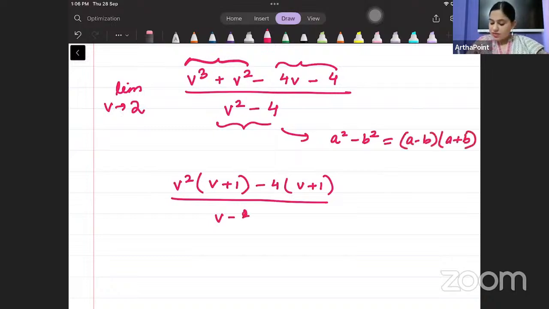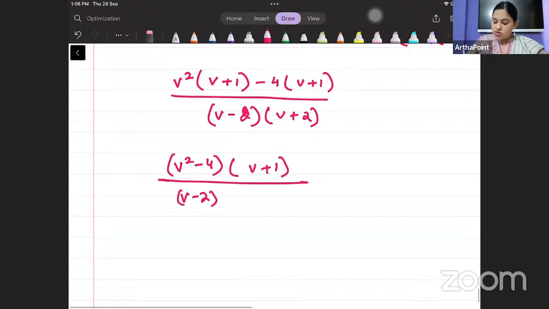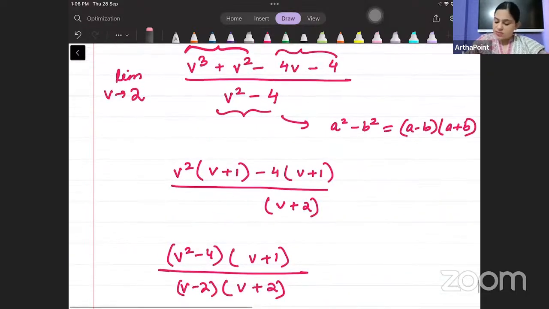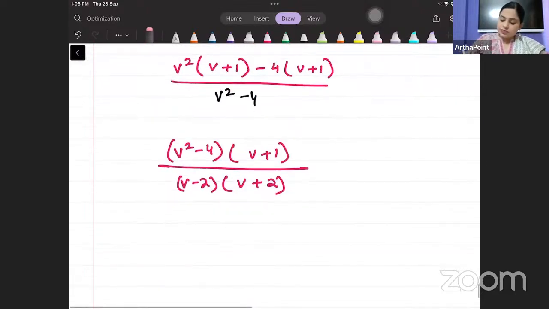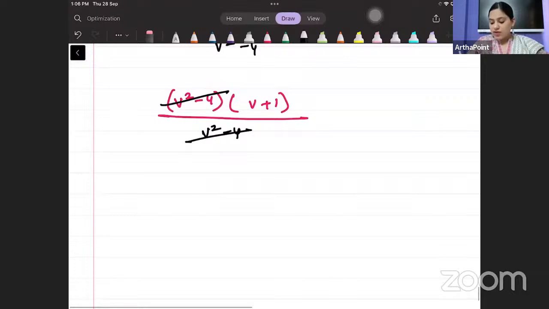So beta, it will be v minus 2 into v plus 2. So what will happen? v square minus 4 into v plus 1 upon v minus 2 into v plus 2. Actually, there is no need to do this. We can just keep the denominator as it is, v square minus 4. This will cancel out, so I will be left with just v plus 1.